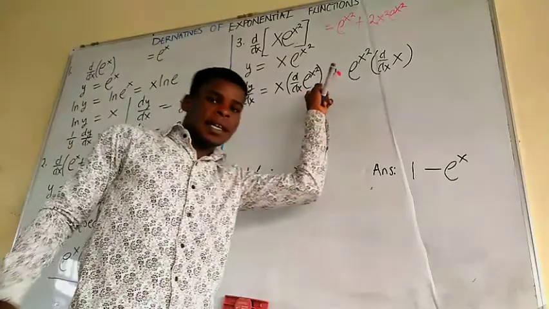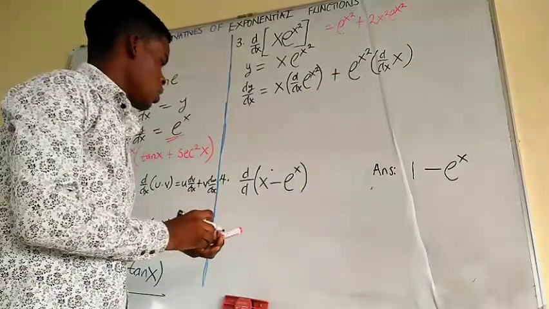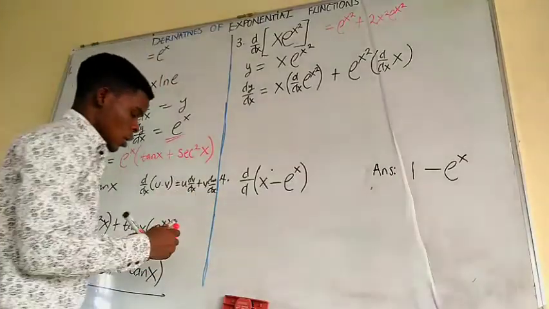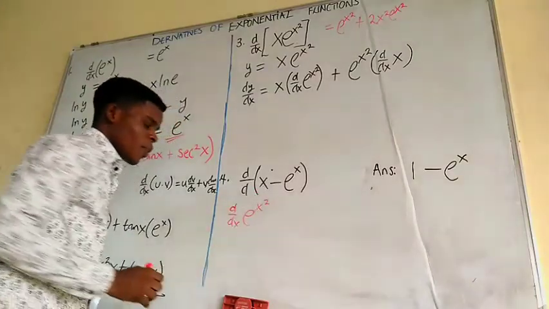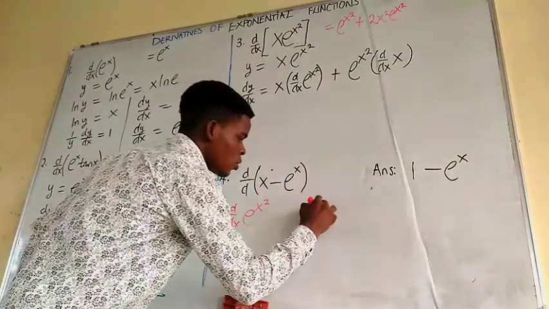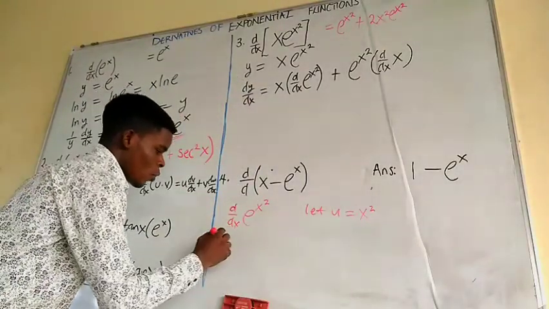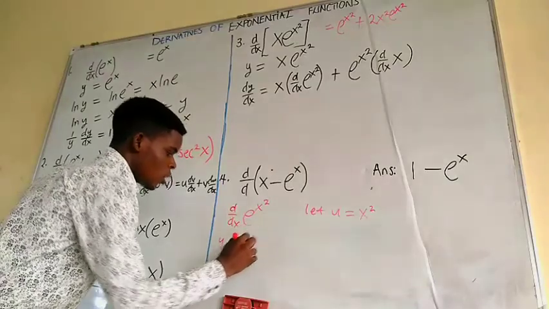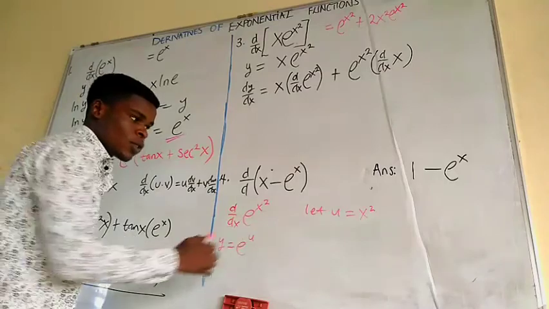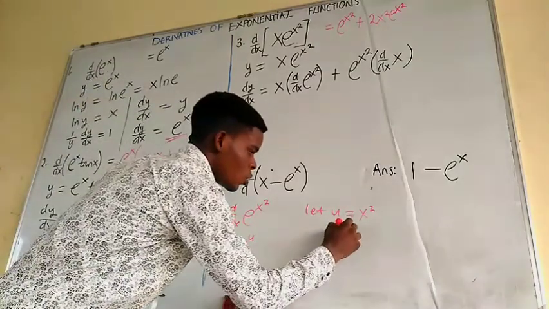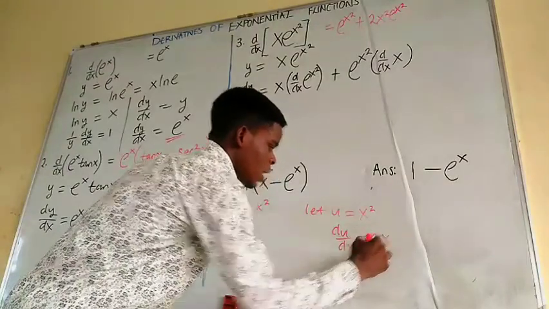Here, I can decide to call this a function of a function, okay? So, if we say, okay, let u, we have the derivative with respect to x of e to the x to the second power. Well, let u be equal to x squared. In that case, y will now become e to the u, alright? If u takes this place, we're going to have y to be e to the u. And du/dx is also equal to what? 2 times x.